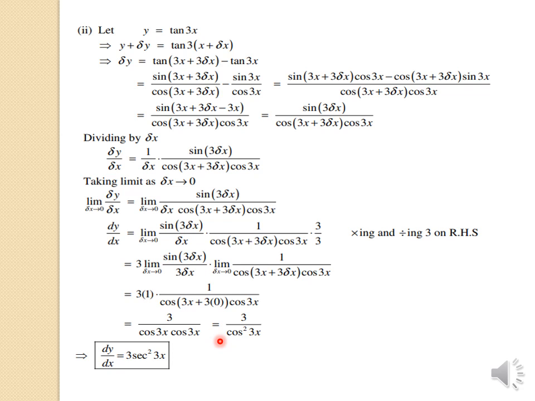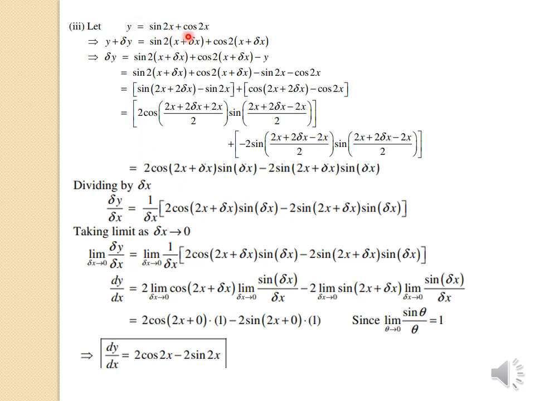So 3 ones are 3, and cos 3x into cos 3x means cos square 3x. And students, you know that 1 upon cos x equals secant x, and here we have a square, so 1 upon cos square 3x equals secant square 3x. So this is the derivative of tan 3x.